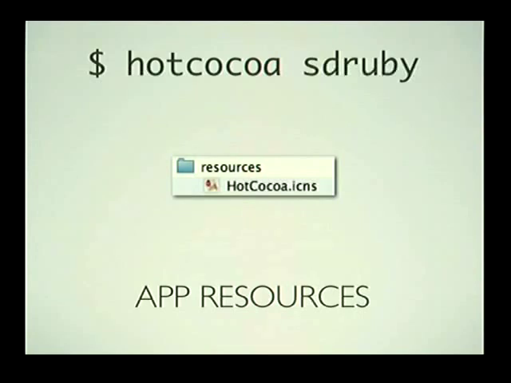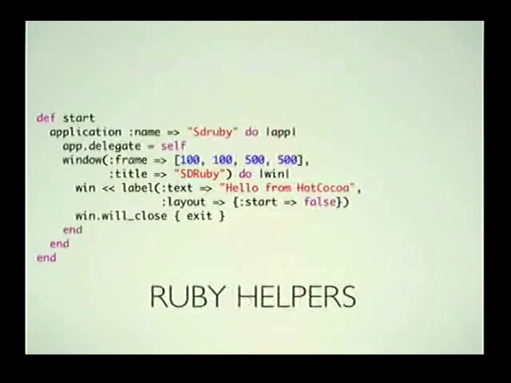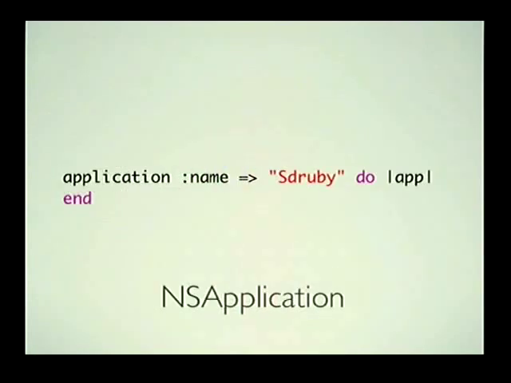So let's look at application.rb. Application.rb just does that. Well, there's a bit of code above and below, but it does a start on the class called application. And you have a method called start, and it does a bunch of stuff. And let's just quickly look through it. The first line, it's application name SDRuby do app, and then it's a block.